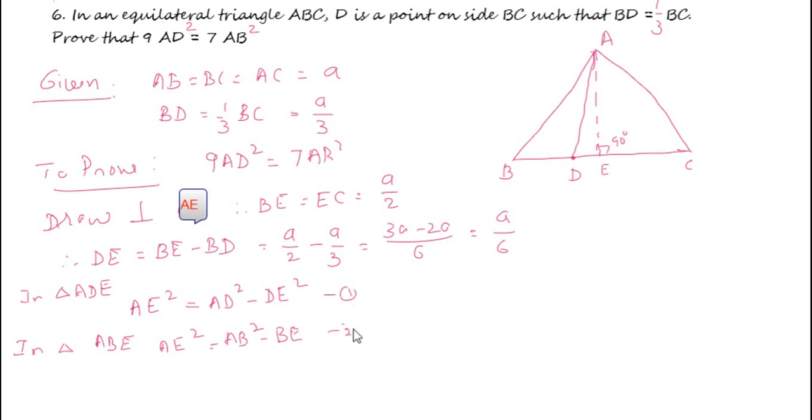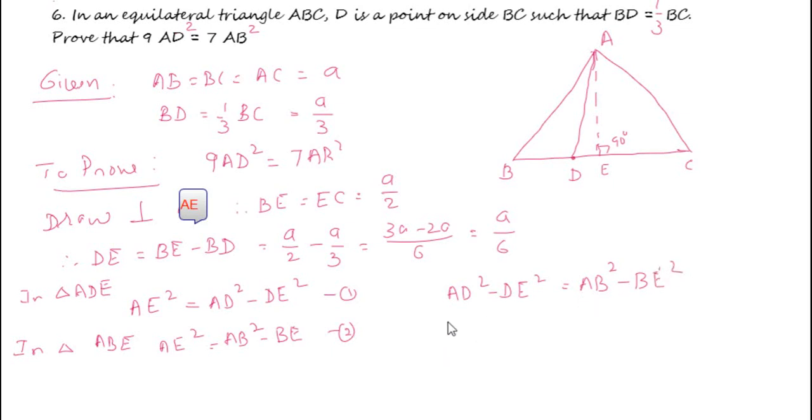Call these 1 and 2. Now in the answer we have AD and AB only, so when we equate these two, we must remove all other items other than AD and AB. So from 1 and 2 we have AD square minus DE square equal to AB square minus BE square.